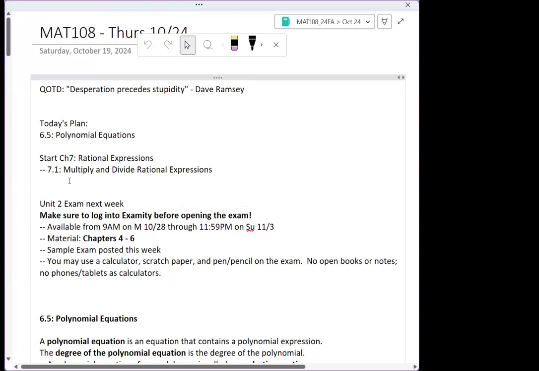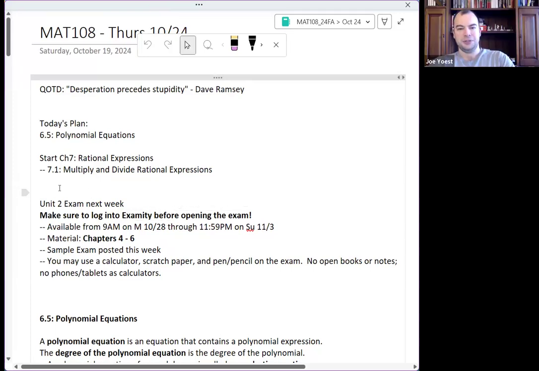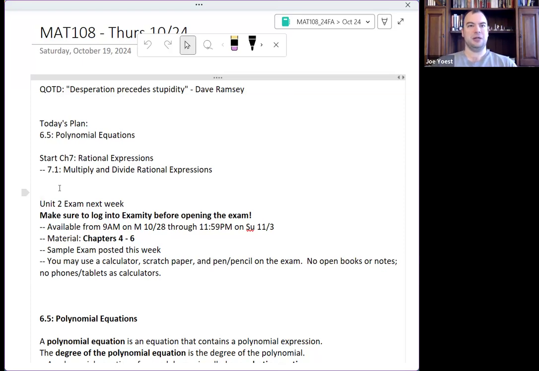Yeah. So I would recommend, I posted an announcement about the Examity practice exam, and there's a user guide linked there, and there's a video linked there. I'm going to post more detailed instructions about Examity, actually. A lot of people have been having questions about it. But if you look at the announcement and those two resources, they explain the whole password situation.